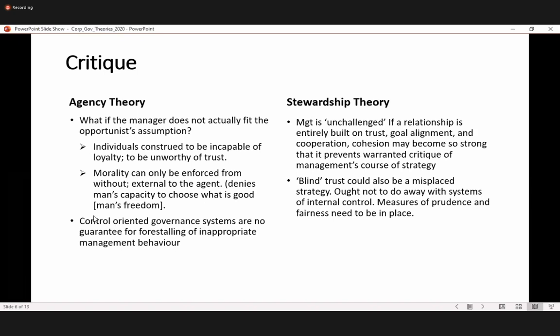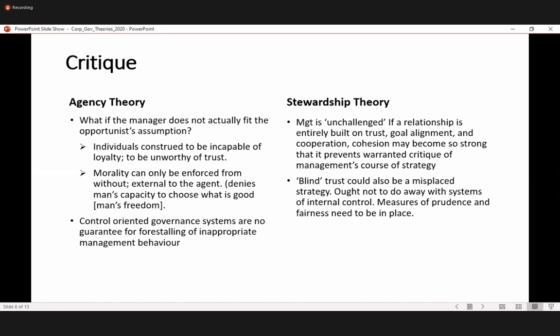So control-oriented governance systems as such are no guarantee for forestalling inappropriate managerial behavior, because we have seen instances like all the cases we studied.